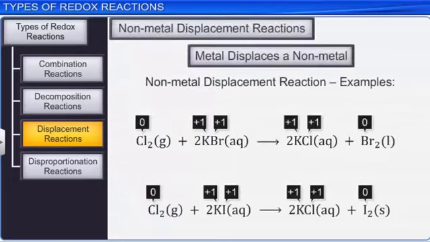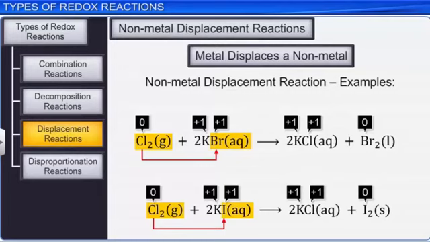In these reactions, chlorine displaces bromide and iodide ions from the aqueous solutions of their salts. These reactions are used to identify bromide and iodide ions as the bromine and iodine produced have characteristic colors.